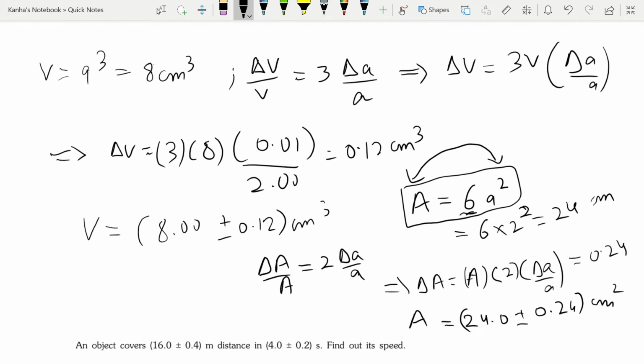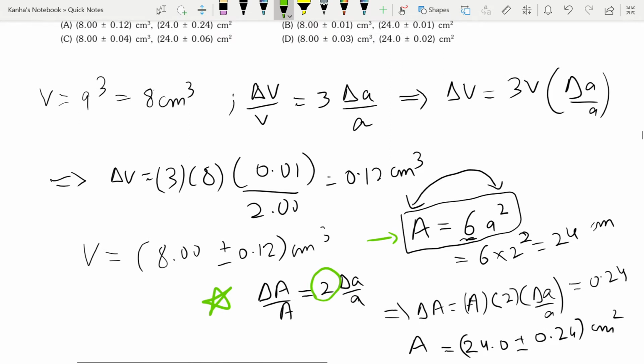So what you should keep in mind from this question is this thing. Even though A and 6a square were related like this, I only put a 2 here and not a 12. So errors don't propagate the way that some people think they do.